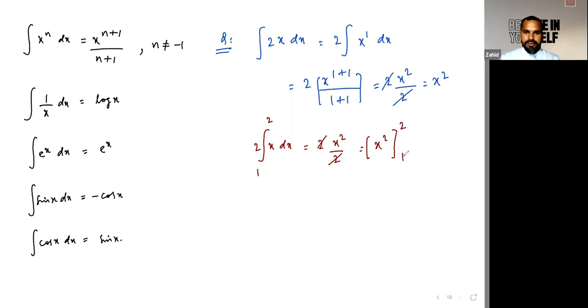With limit from 1 to 2, put the value of x first as upper limit, so it will be 2 squared, and lower limit 1 squared, with a negative in between. So it will be 4 minus 1, which equals just 3. So this is definite integration, and this is indefinite integration. There is only the difference of their limit.